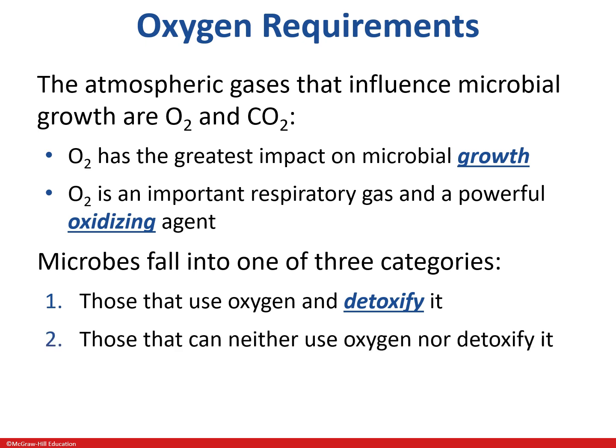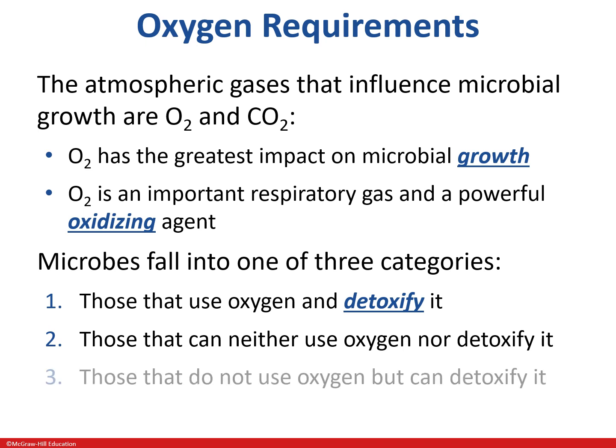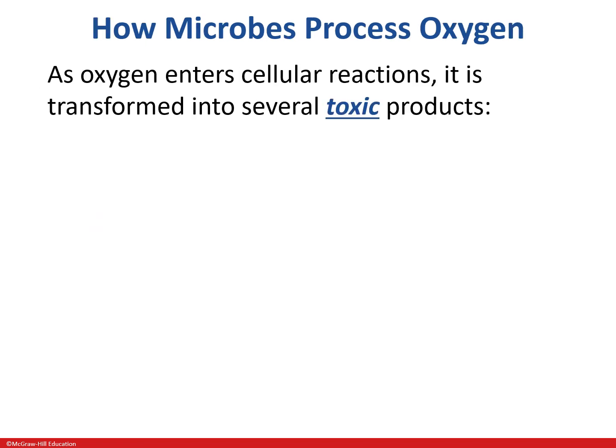You might have some that have no interaction with oxygen, meaning they can't use it and they can't detoxify it. So they're going to actually be controlled by oxygen because they can't tolerate it. And then you have some that don't actually use oxygen in their metabolic reactions, but they can survive in the presence of it because they have enzymes that can detoxify it.